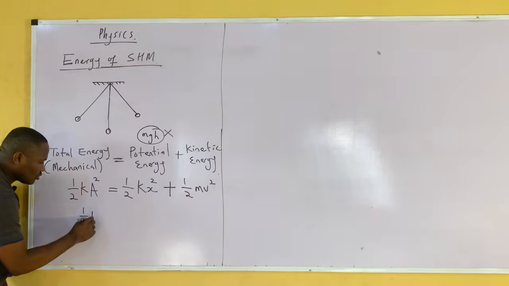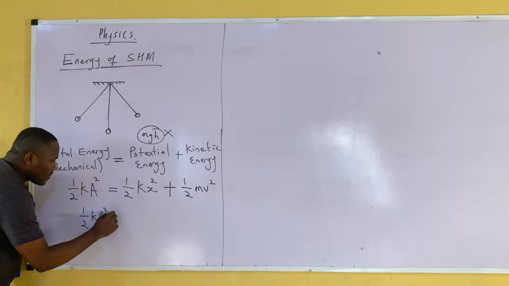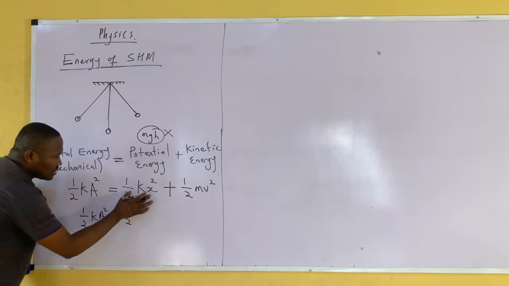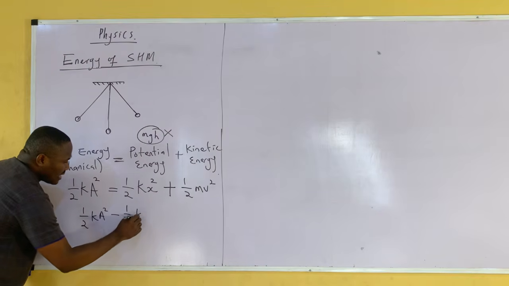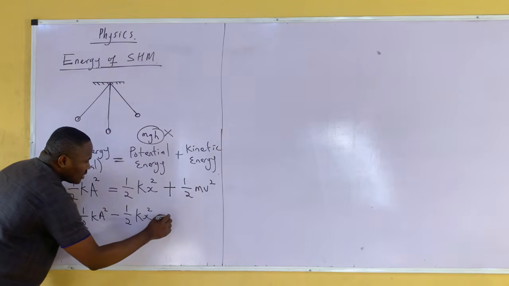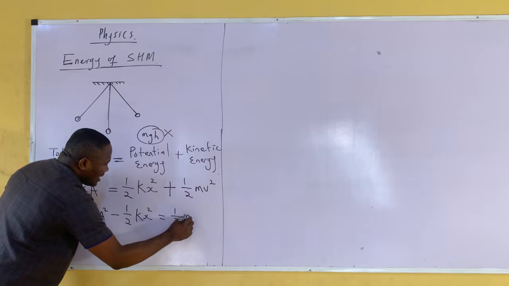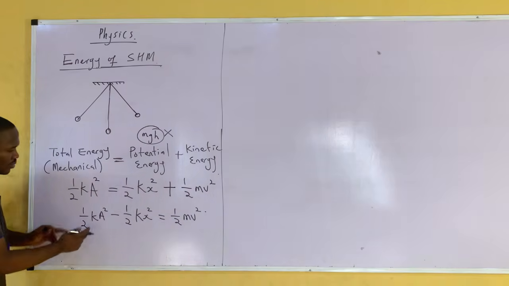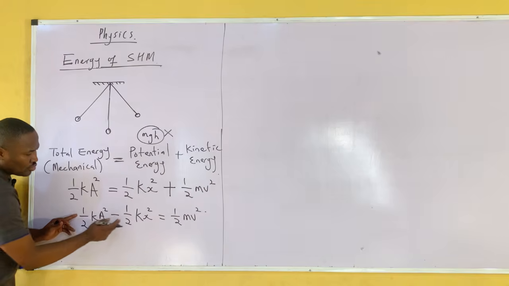1 over 2 k a square minus 1 over 2 k s square is equal to 1 over 2 m v square. Now what is common here is 1 over 2 k.